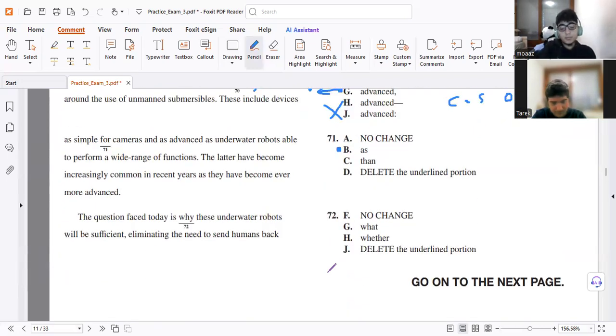Number 70. 72, H. Letter H. Correct. Why?